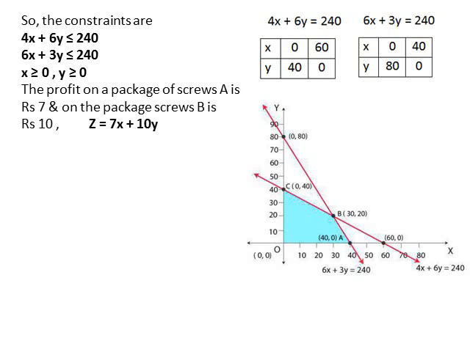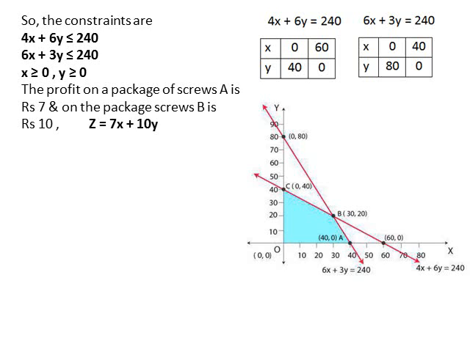And by joining these points, we get two straight lines as shown here. Next, determine the shading of both the inequalities and get common shaded region as shown. Then mark the corner points of this common region as O, A, B and C.